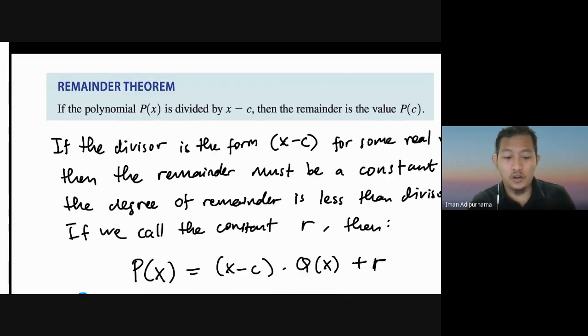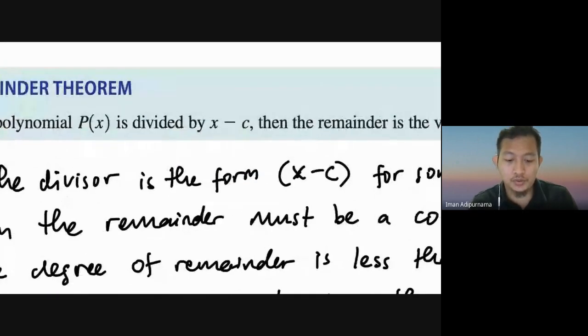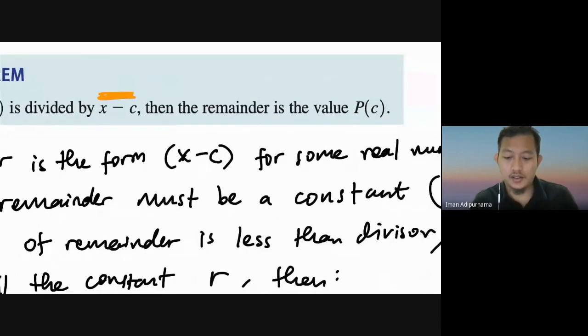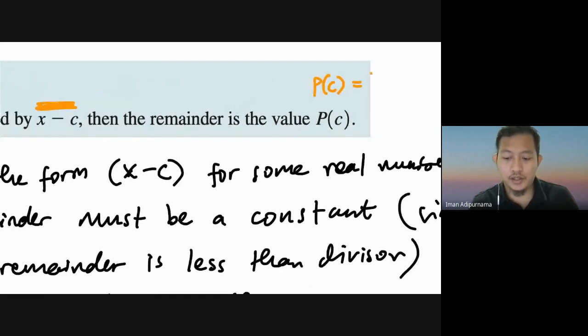So what this means is, when you have the divisor x minus c and you need to find the remainder quickly, you can plug c into the whole function itself.